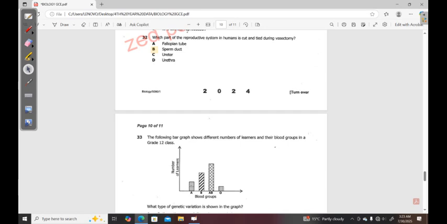So when those tubes are cut, it means that this person is going to be sterile. But then here, it's not the ureter, and neither is the fallopian tube, which is definitely wrong because it's found in females. So the spermatic cord is going to be cut during this process.